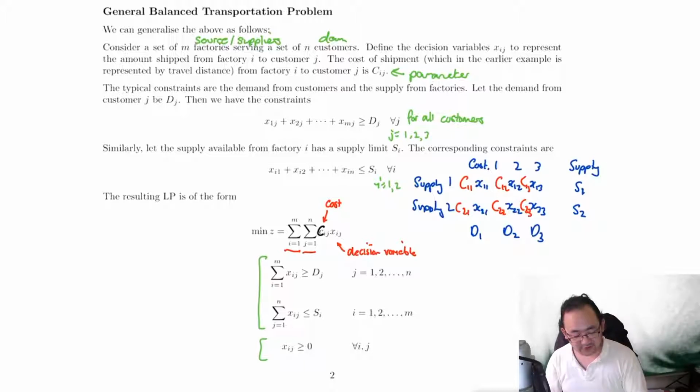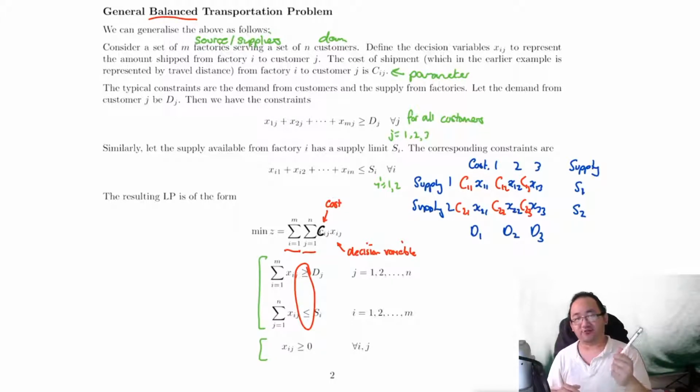Notice that even though I say balanced in the title, technically the formulation that's given is reasonably flexible. Just be warned that in most sources I've seen, the balanced transportation problem is when these are equality constraints, because they want to distinguish between balanced and unbalanced transportation problems.